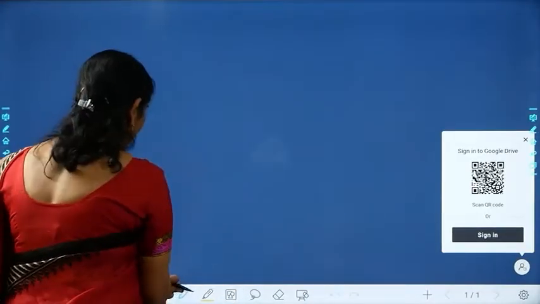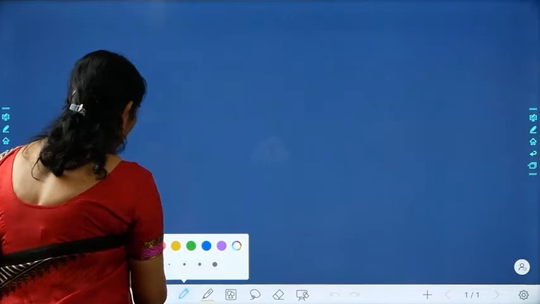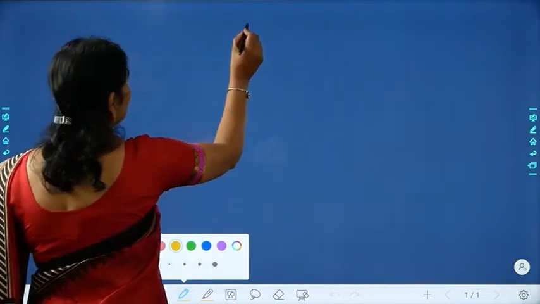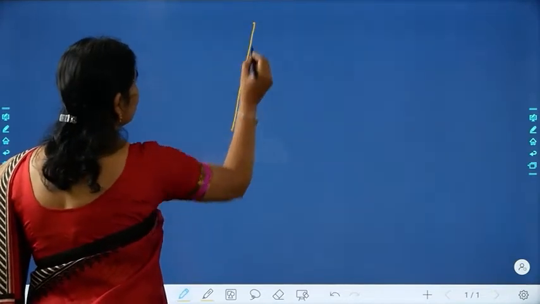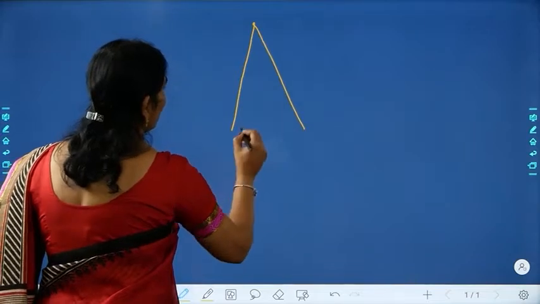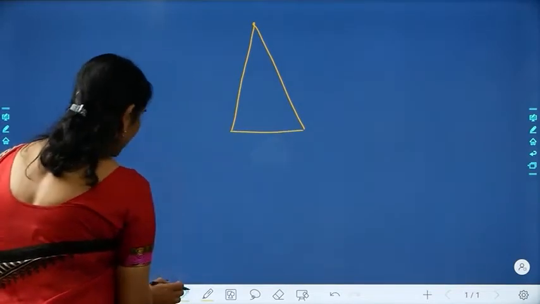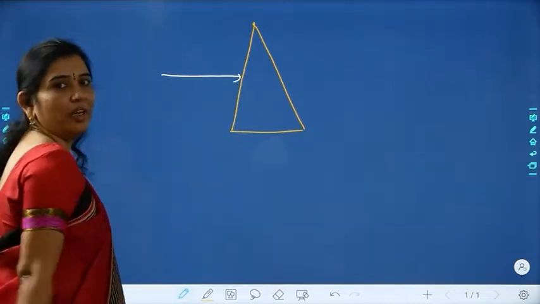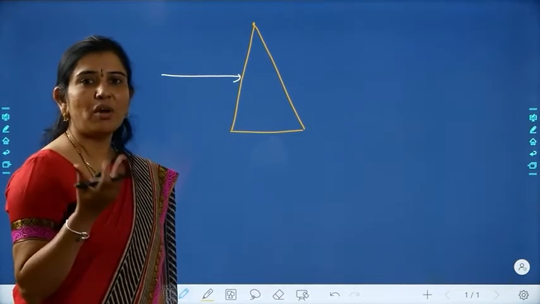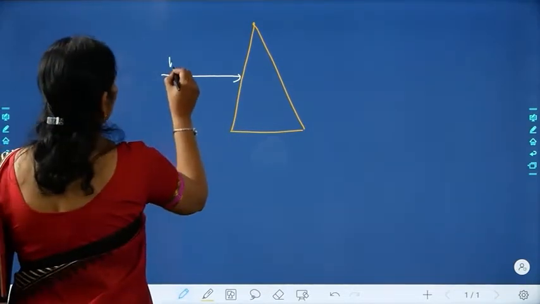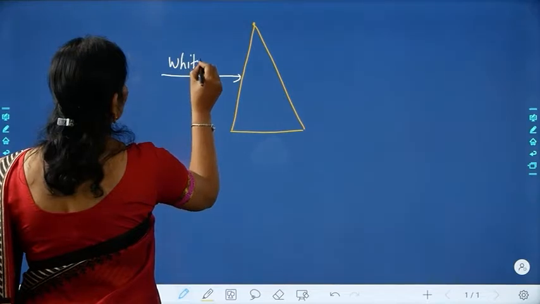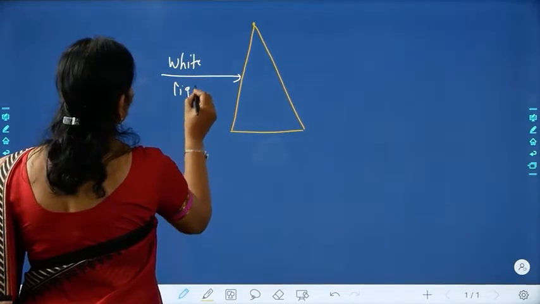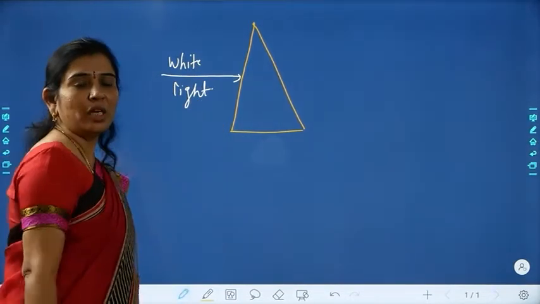Students, for example, you assume that we have got a prism. This is a prism, like that you assume. So on this prism, when I make white light incident, you know very well, white light is composed of 7 colors. So this is a white light. So what is going to happen?